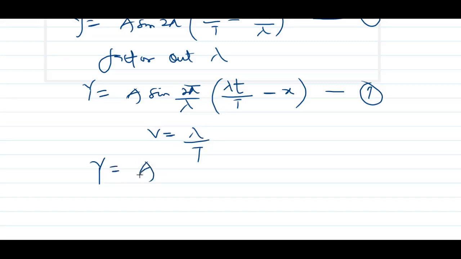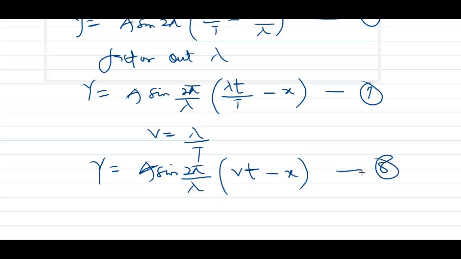So that is y equals a sine 2 pi over lambda into, so this is lambda over T, so that will be vt minus x, alright, and we can call that equation 8.